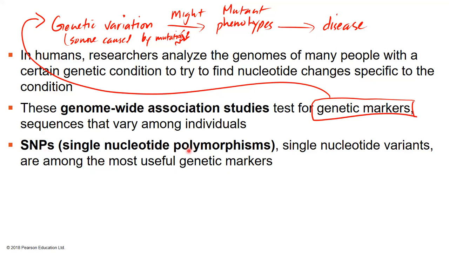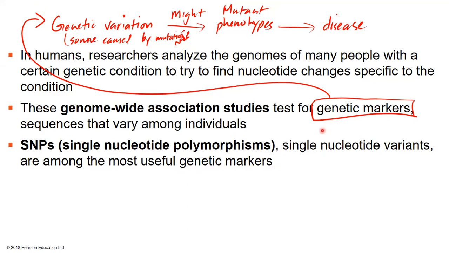So SNPs are responsible for some of the genetic variation observed among individuals. Humans are different from each other because they have different nucleotide sequences, and some of these differences are actually SNPs, single nucleotide polymorphisms. And these SNPs are considered useful genetic markers.